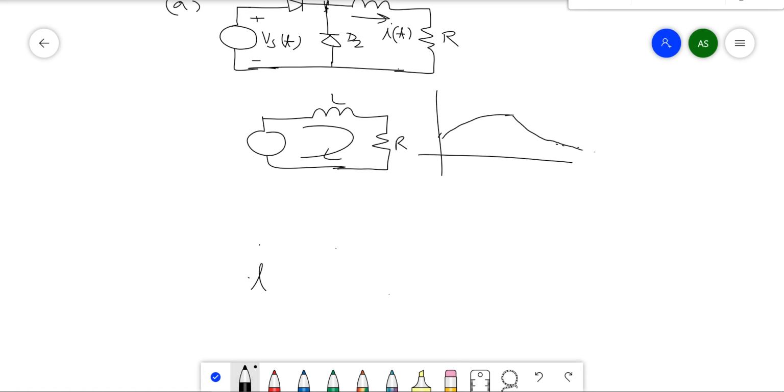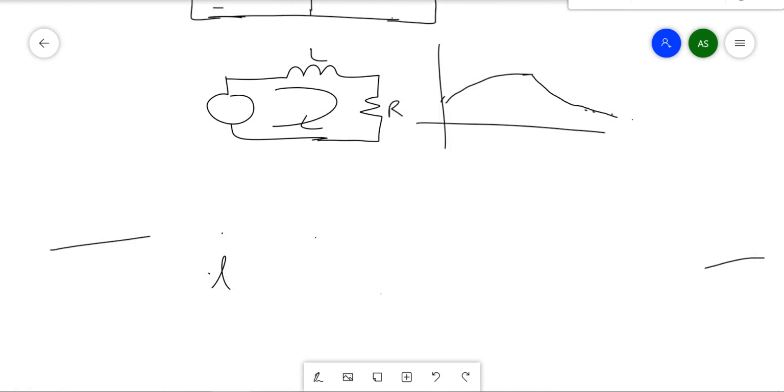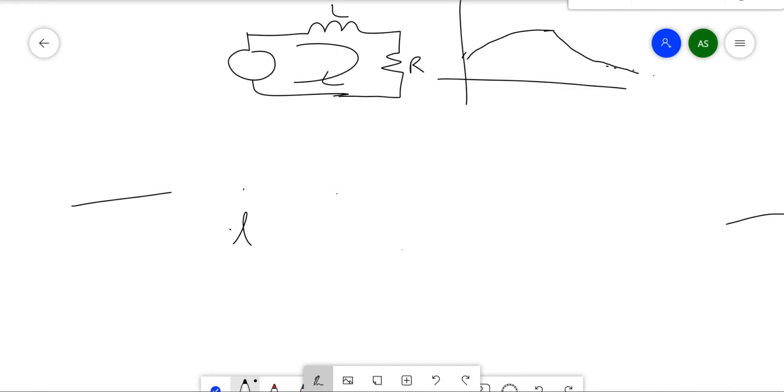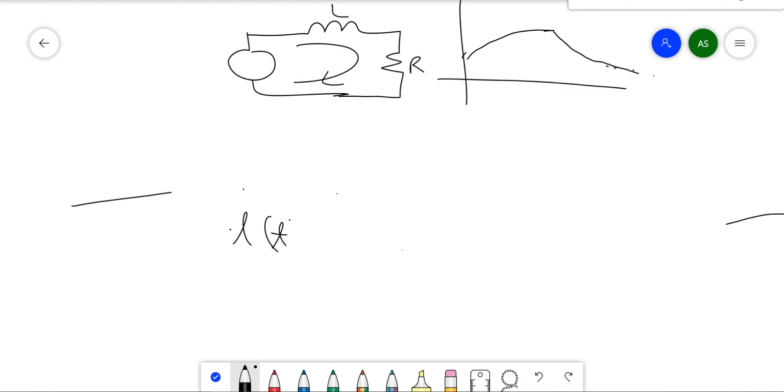The equation will be like some constant a multiplied by e to the power minus t divided by tau. Okay, so if this current does not reach 0 before the next cycle, our converter will be in continuous conduction mode, and if it reaches 0, then our converter will be in discontinuous conduction mode.